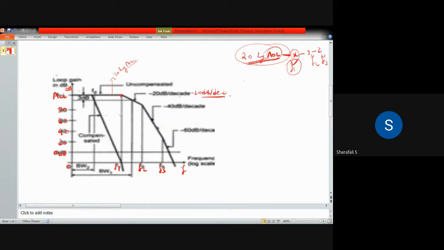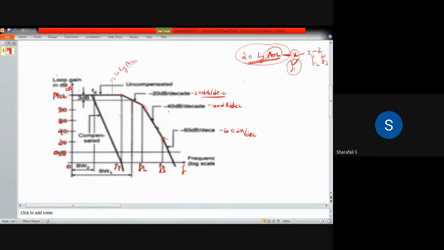So that will start decreasing like this up to f2, and f2 also produces a minus 20 dB per decade decrease in gain. So total will be minus 40 dB per decade when it reaches f2. So from f2 to f3 it has this minus 40 dB per decade. Then from f3 we have minus 60 dB per decade of gain.